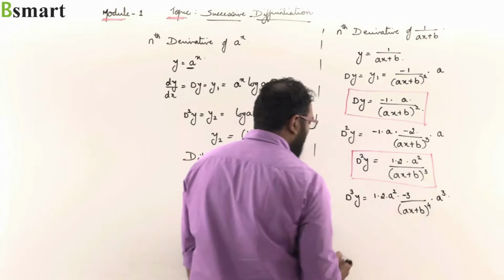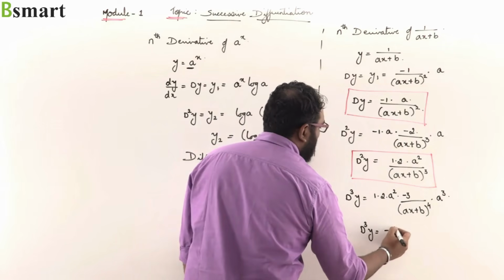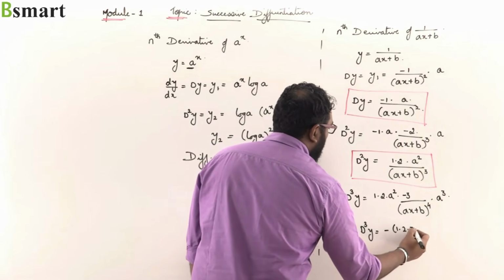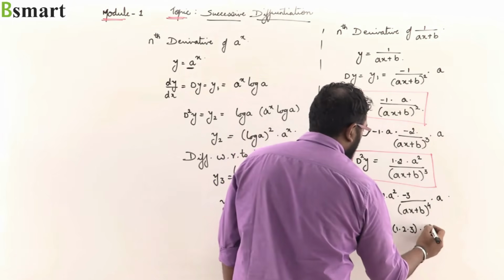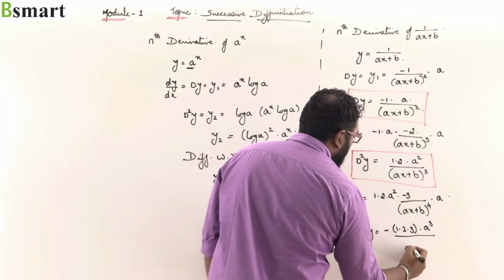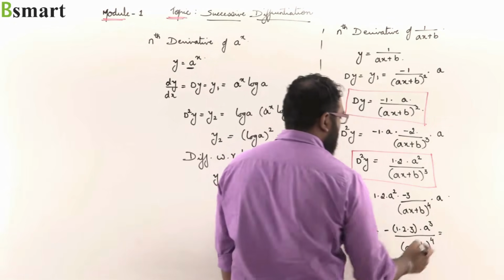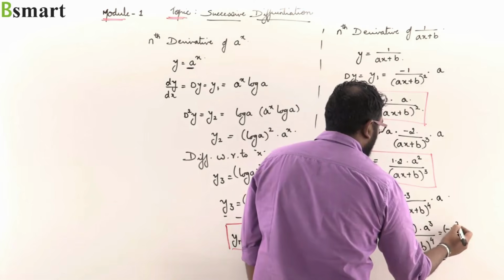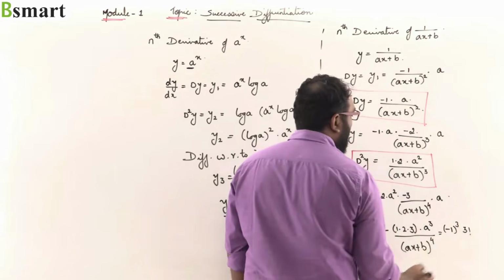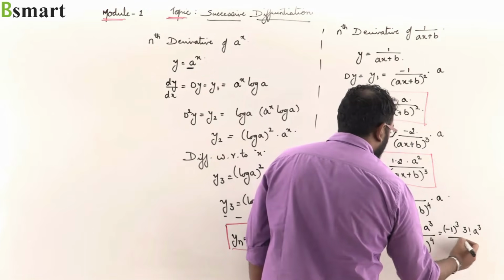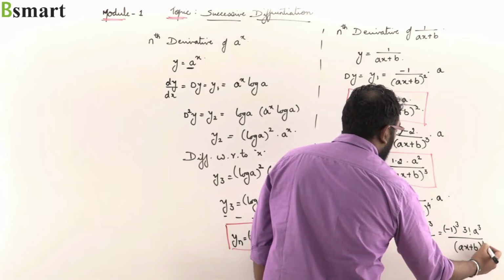So d cube y will be equal to minus of 1 into 2 into 3 into a cube by ax plus b to the power 4. Or we can write this as minus 1 cube into 1 into 2 into 3, which is 3 factorial, into a cube by ax plus b to the power 3 plus 1.